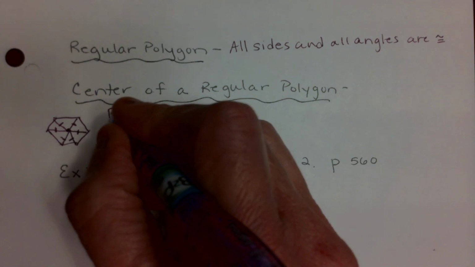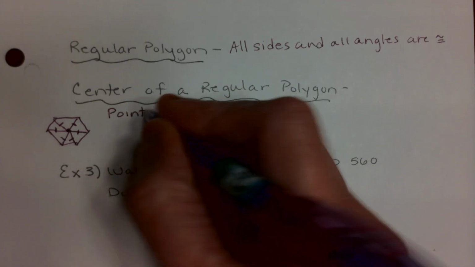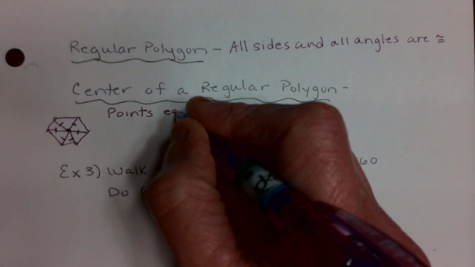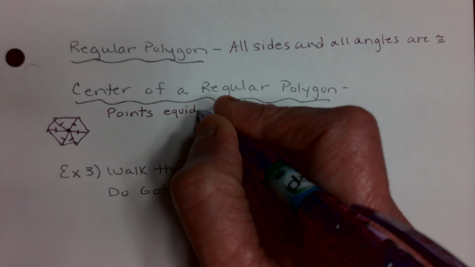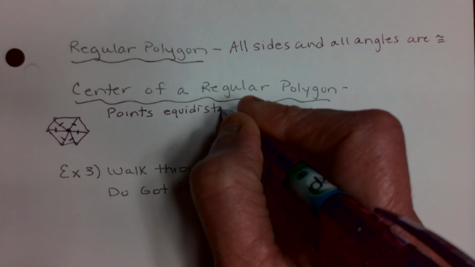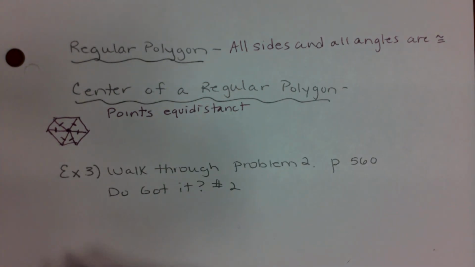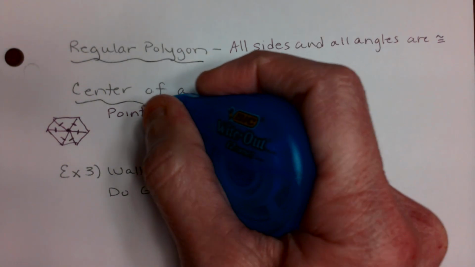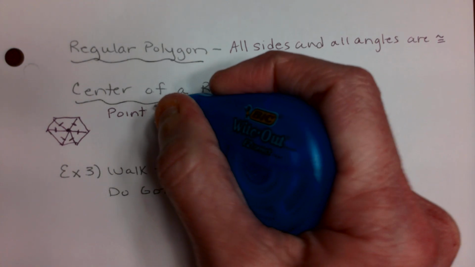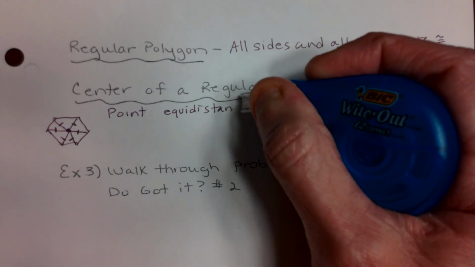So let's write that down. So point equidistant from its vertices. Okay, hang on. I'm looking at points, wondering why I put a plural while I'm spelling equidistant wrong.